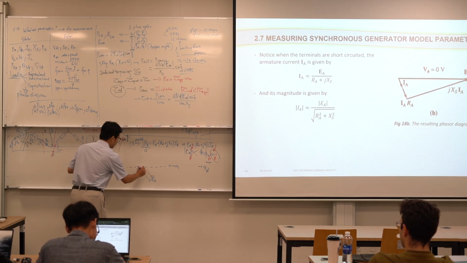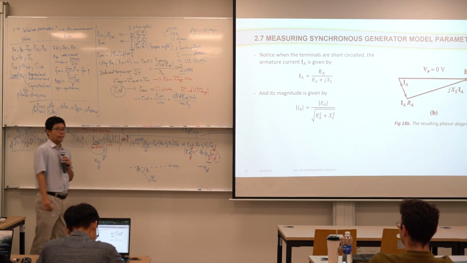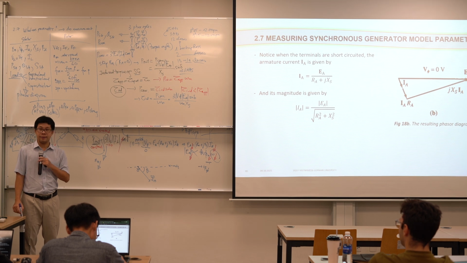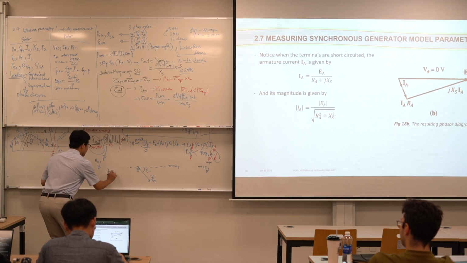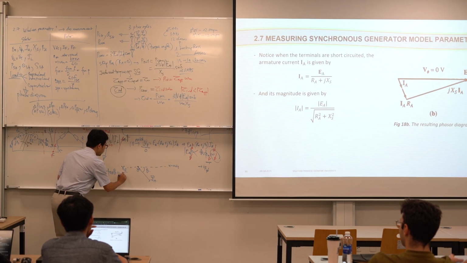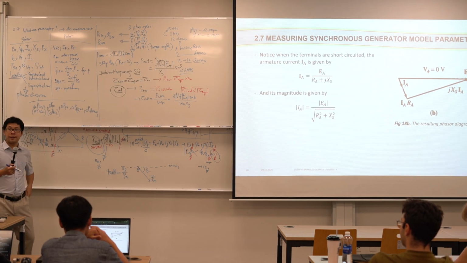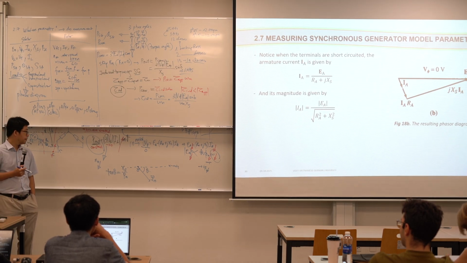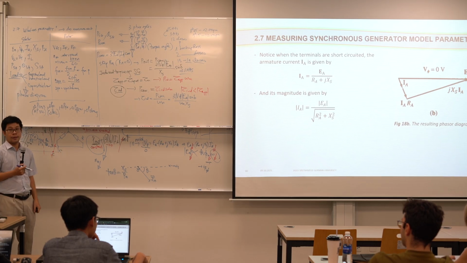And we have the phase angle here, theta. Do you know how to calculate theta? We have tan theta is XS over RA. Do you agree with me?